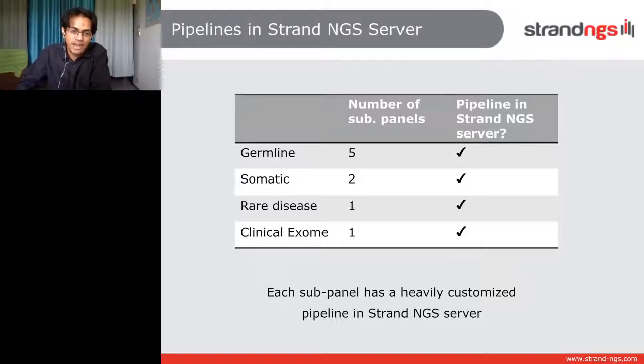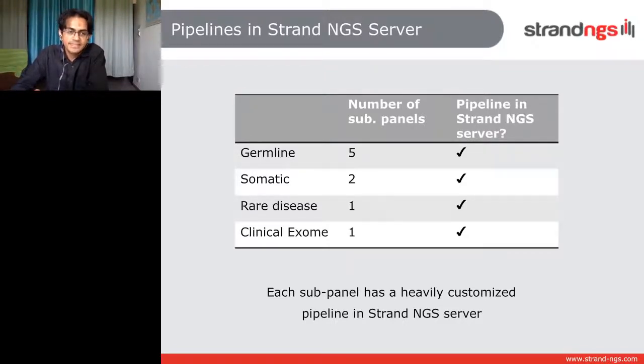So we have a somatic panel, we also have a rare disease panel and also a clinical exome panel. Each of these panels has several sub-panels associated with them, and each sub-panel has a pipeline in Strand NGS Server. These pipelines are heavily customized, not interchangeable. Each pipeline has been worked on for hundreds of man-hours, and each pipeline has been validated, as you saw earlier, with the CAP and the NABL validation and so on.